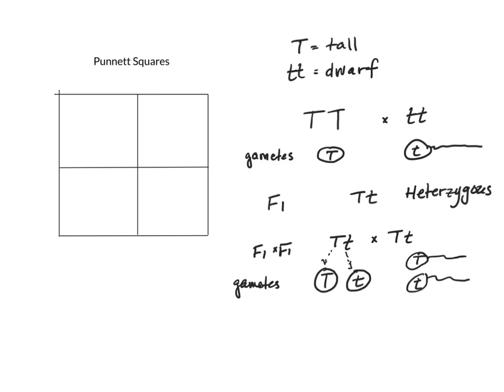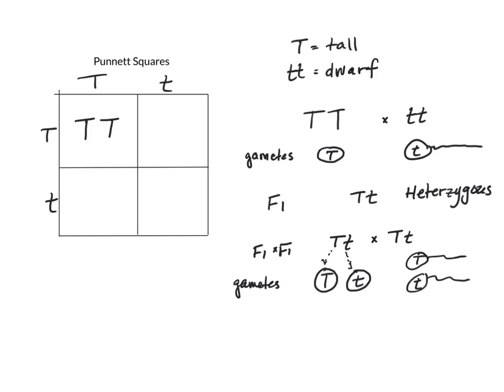Okay, so if we take these gametes and put them in a Punnett square, let's look at our square here. Normally we put the sperm across the top, so a dominant and a recessive. And then here we'll put the eggs on the side, again a dominant and a recessive. So when we look at this particular cross, the upper left quadrant gets two dominant alleles.